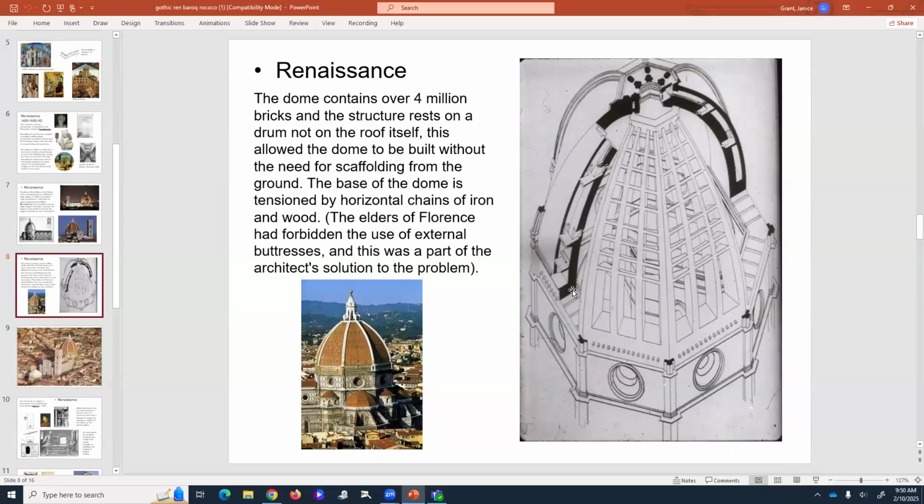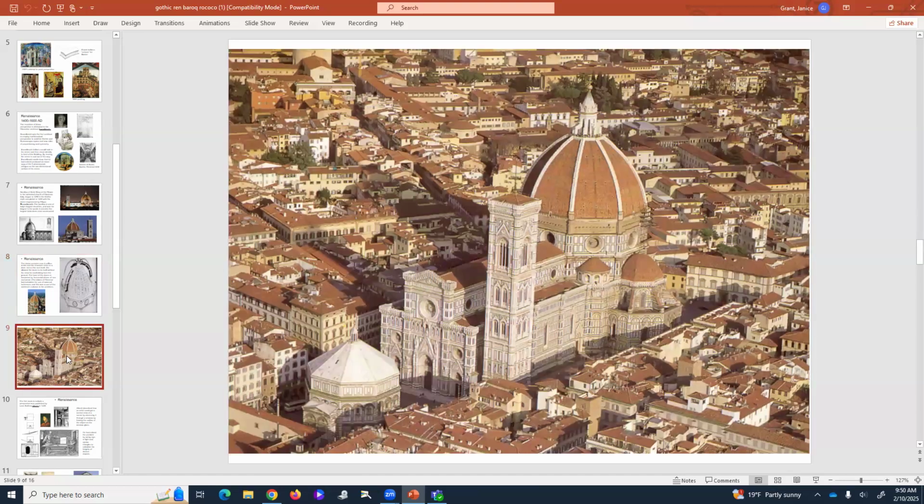As we look back at the theory of it, you could actually walk between the two here. And it became this really great structural dome that could hold all of that weight in the 4 million bricks. And so it's pretty beautiful. There it is right there.